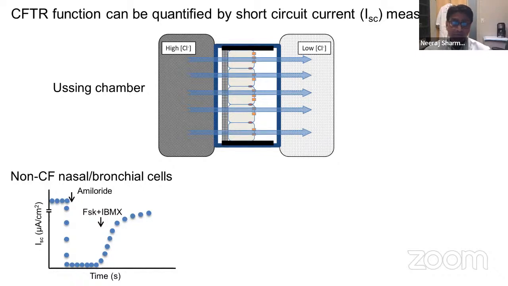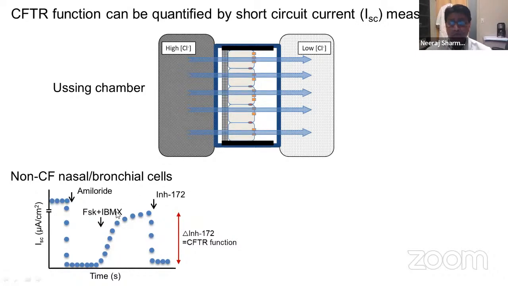When cyclic AMP concentration increases, CFTR activity increases, and that is shown here with this line. Then we add inhibitor 172, which is CFTR specific, and the short circuit tracing comes back to the baseline. We measure the difference between these two, and that is reflective of CFTR function. We call it delta ISC.